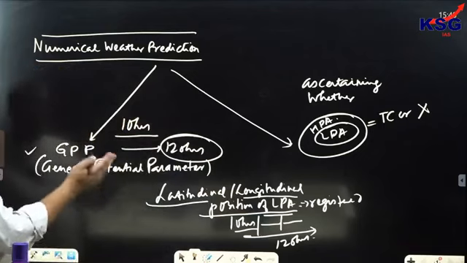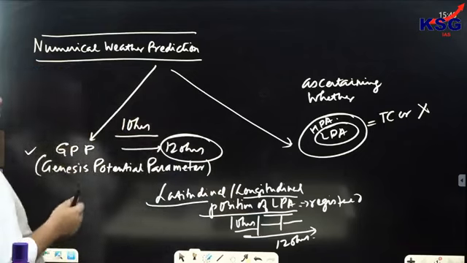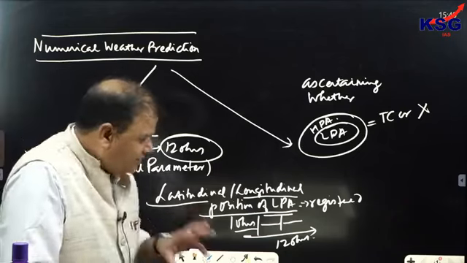And then we come to know whether it is transforming into tropical cyclone or not. Clear? This is called GPP.